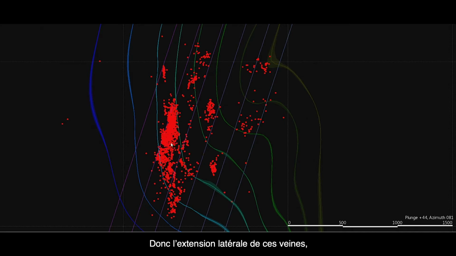So the lateral extent of these veins, I don't show the veins, but these are the grades within the vein, the stopes that were mined from Sigma.